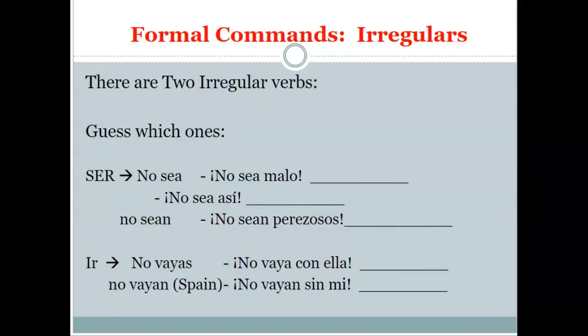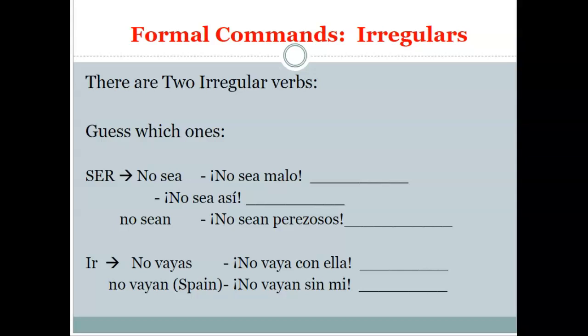There are two irregulars in the formal commands. Guess, yep, it's always ir and ser. Ser becomes no sea instead of no seas. Remember, it's part of the positive commands that are irregular.